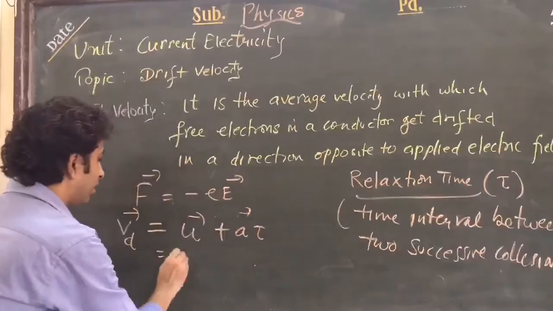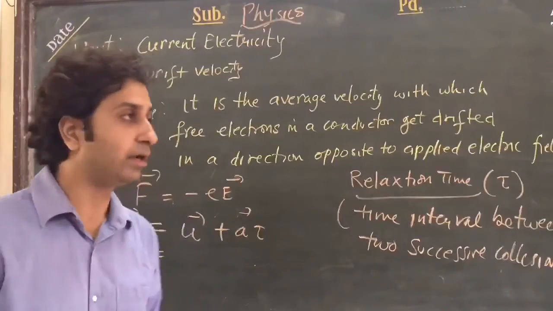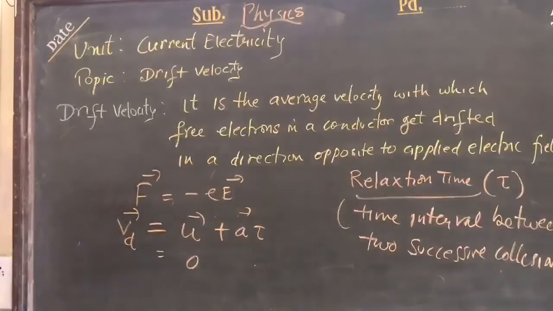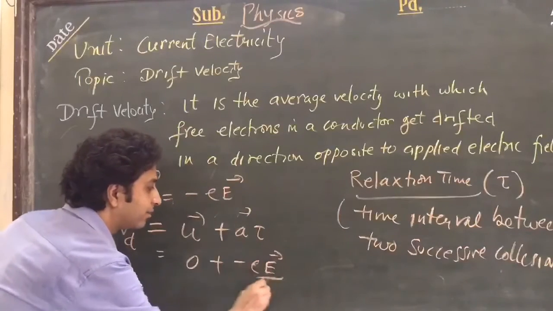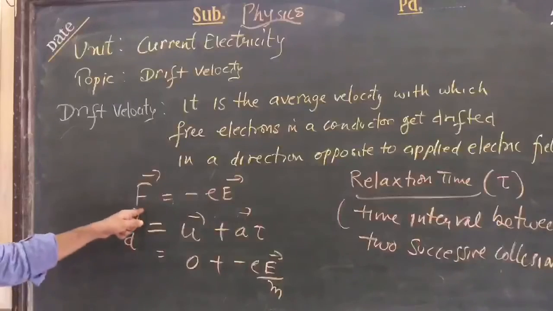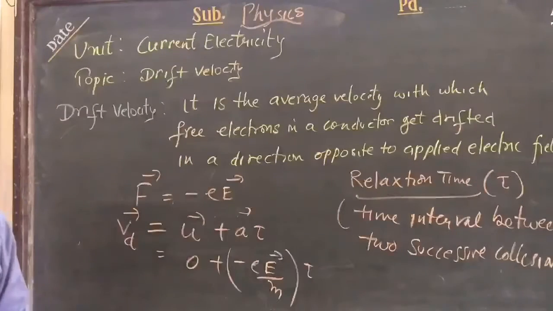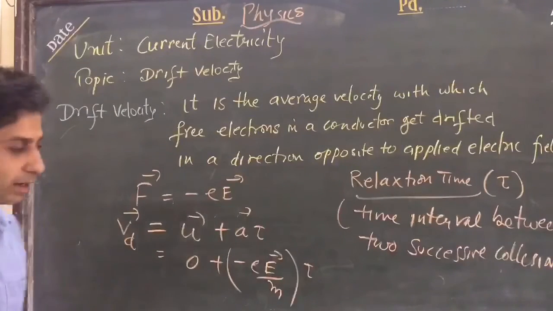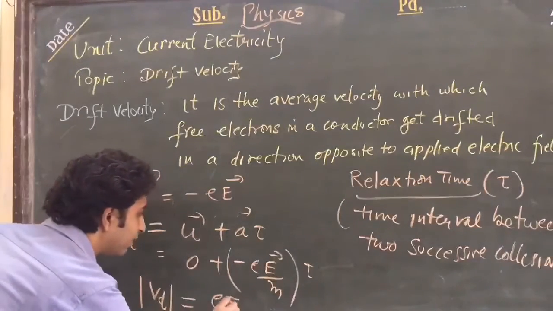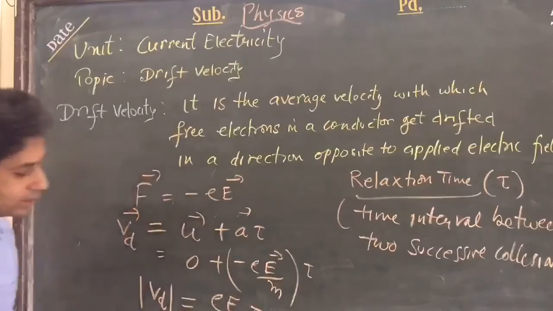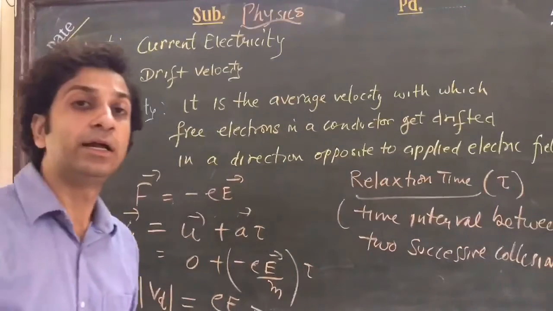Initially I can assume all the electrons to be at rest, so the initial velocity is 0, while the acceleration can be written as minus eE divided by m, since F equals ma. Multiplying this value of a by tau, and taking only the magnitude, Vd comes out to be eE tau by m, a positive value. So this is one expression for drift velocity.